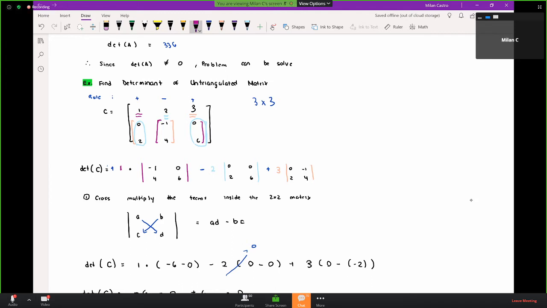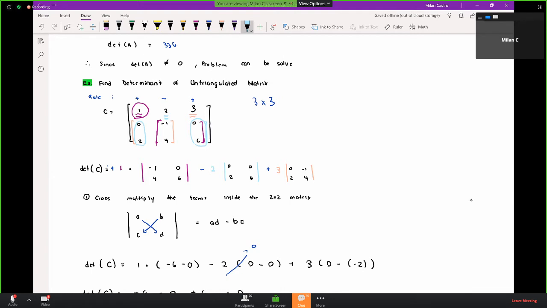So we're choosing this 1, and then we exclude all the other numbers that are in its row and column. We form this new little matrix, which is composed of -1, 0, 4, and 6. Then for our next term, 2, we have minus, because that's the rule, -2.